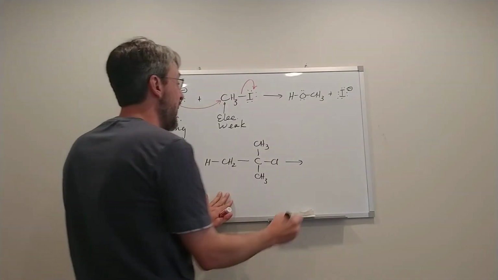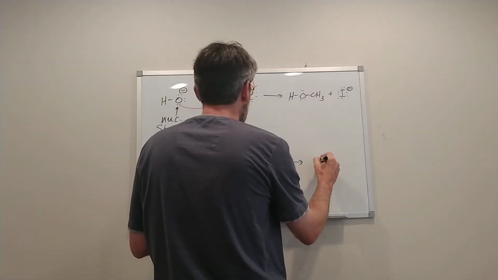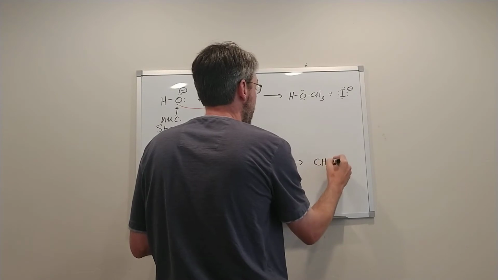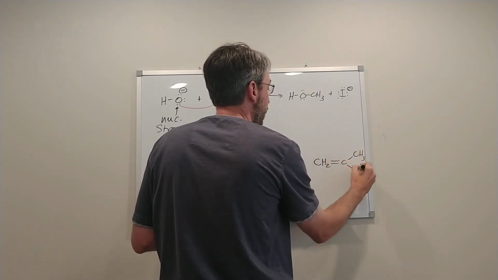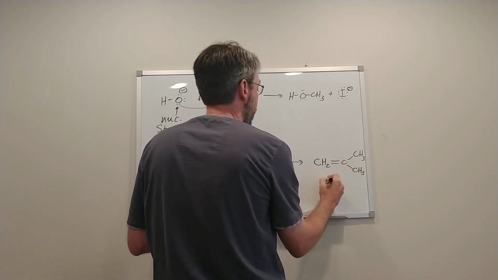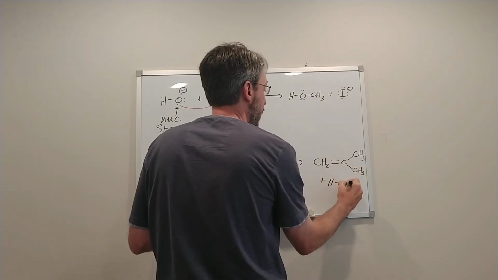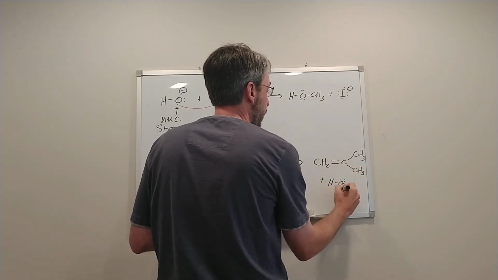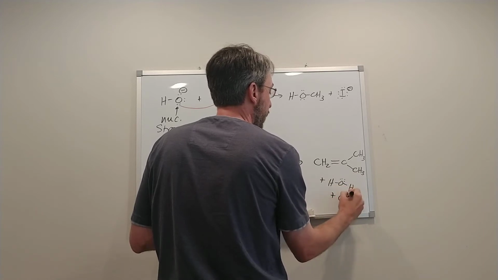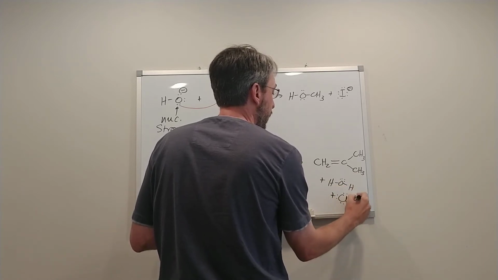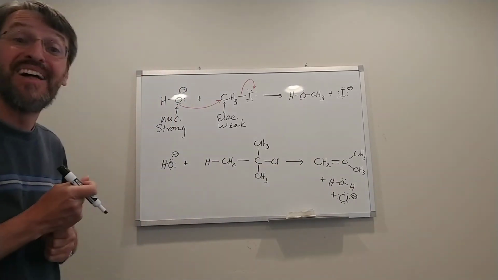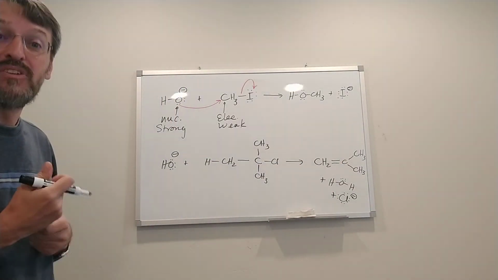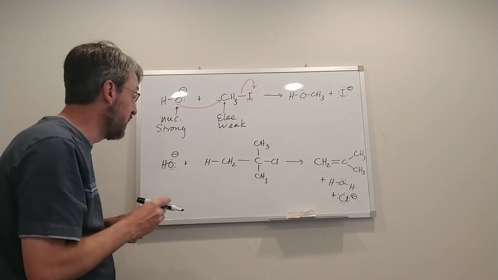And after this reaction is done, we have a water, a Cl minus, and then this alkene. So we've actually changed the functional group in the molecule.